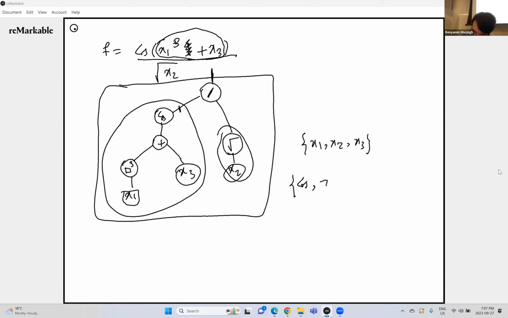Power of, cubed, power of plus, square root, right? Also division. Agreed? I think that's all. So this is function set.